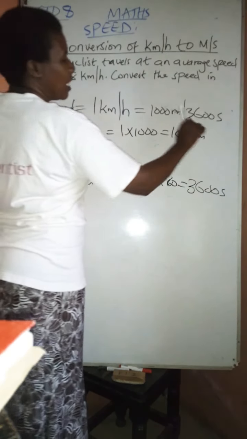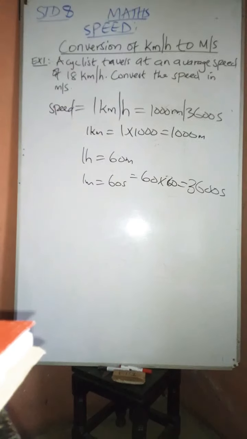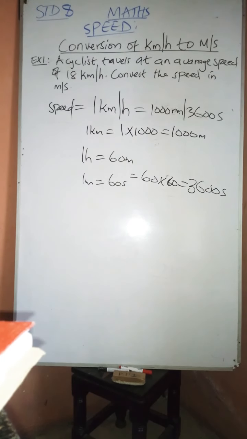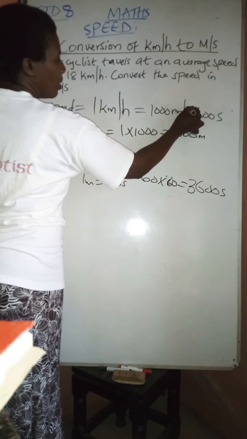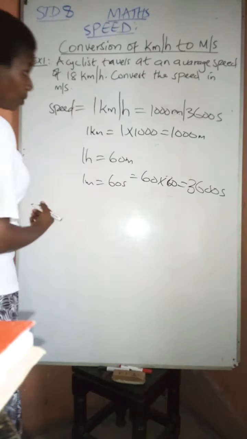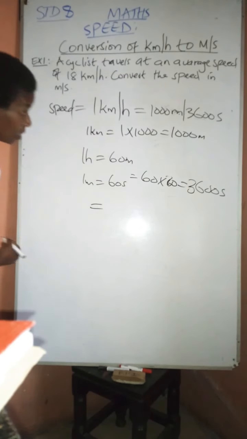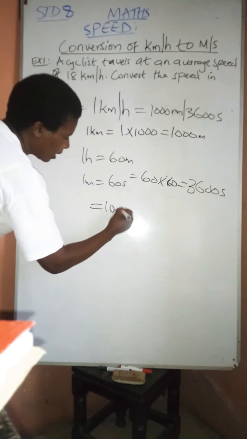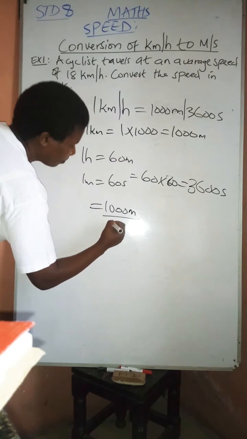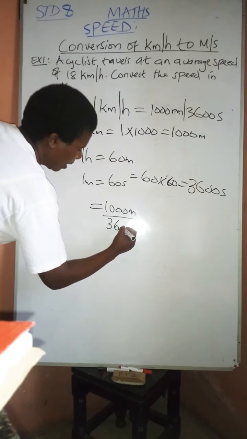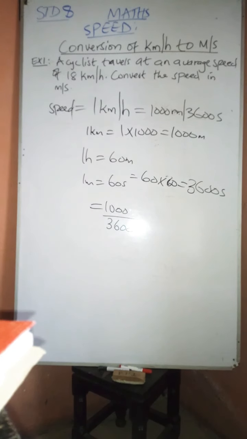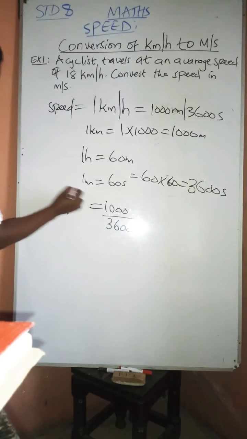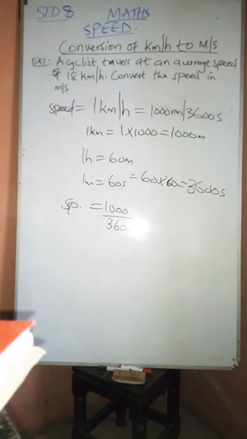And since we cannot leave it like this, we must express it in the simplest form. So we take our 1,000 meters divided by 3,600 seconds. Remember this is my speed. This is the same as 1 kilometer per hour.